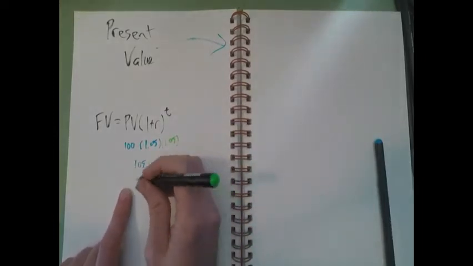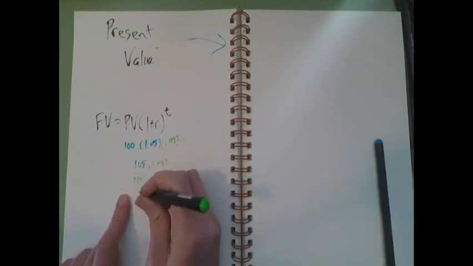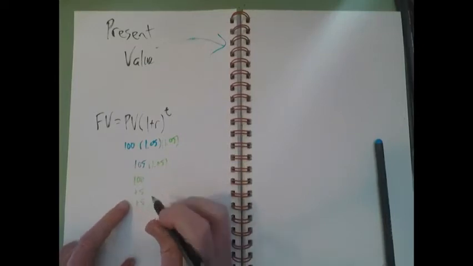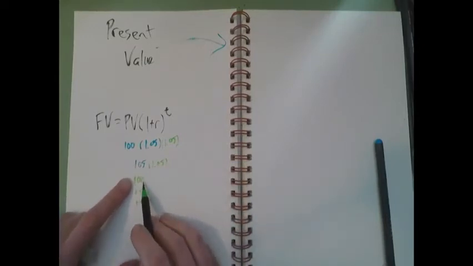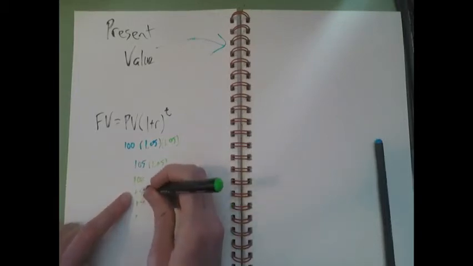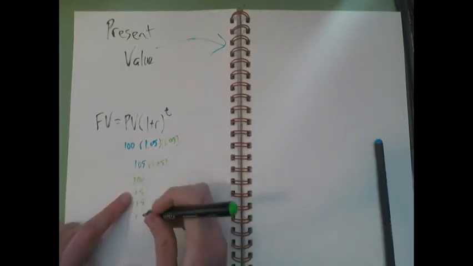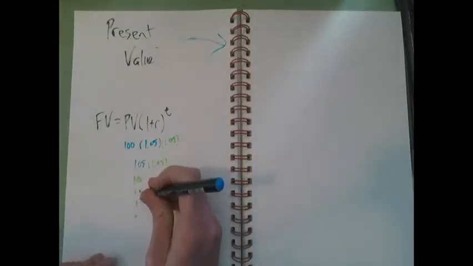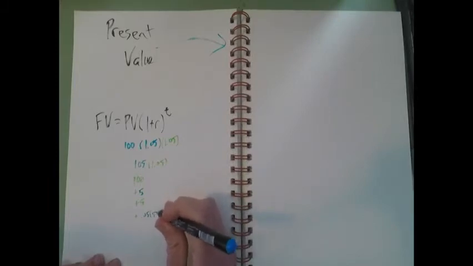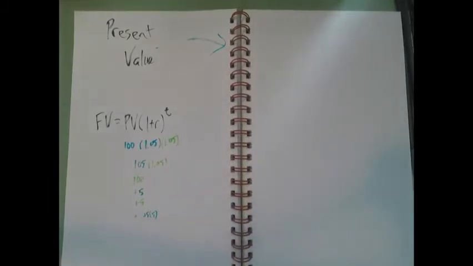That's going to be still 100, still 5 from your first year's interest, plus 5 from your second year's interest on that $100, and then plus you're going to have interest on that first year's growth, right? So maybe I should have colored these: here is that interest from the first year, and now we're going to have an extra 5% of that. 0.05 times 5. It's not a whole lot, but it's something.